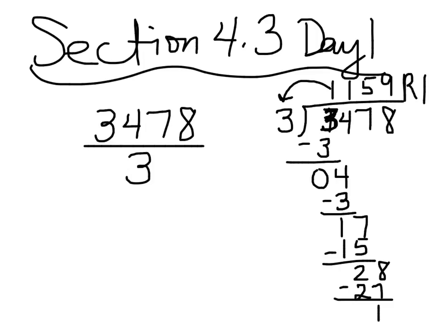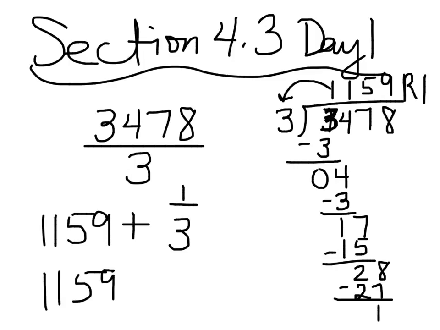Another option that you guys had was to put decimals and keep going. What's a third alternative way of writing the answer as a remainder instead of using decimals and using the R? The quotient plus the remainder over the divisor. You've probably never written it like this, but you have seen 1,159 and 1/3.